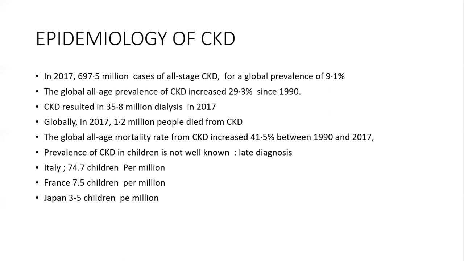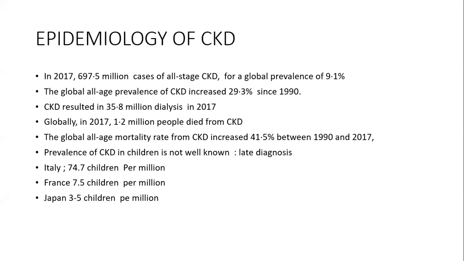697 million people had CKD. That includes all ages, including children and adults. So the global prevalence of chronic kidney disease in the whole population was estimated to be 9.1%. And the prevalence has increased from 1990 by 29.3%. So you can see how chronic kidney disease and other non-communicable diseases are increasing.